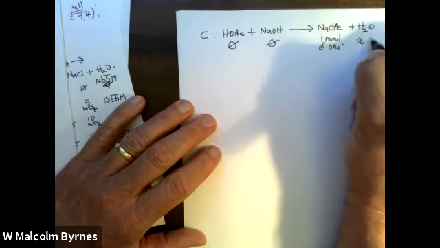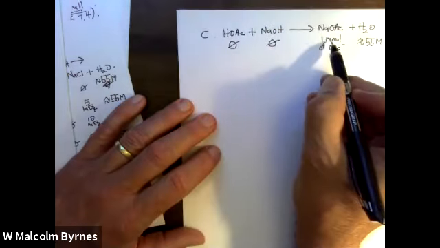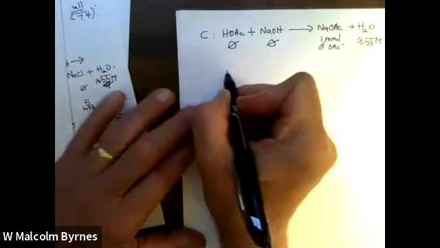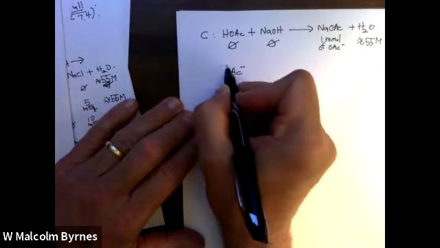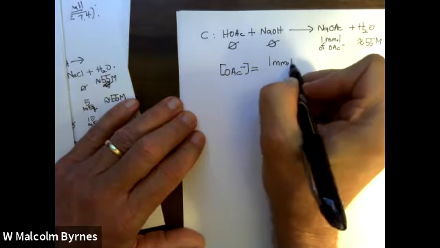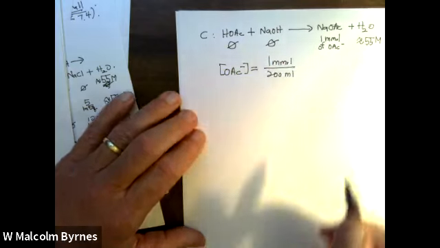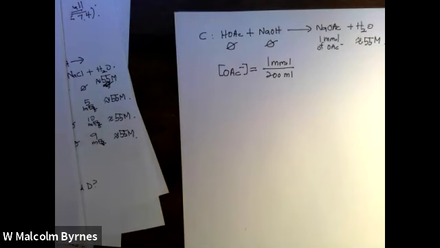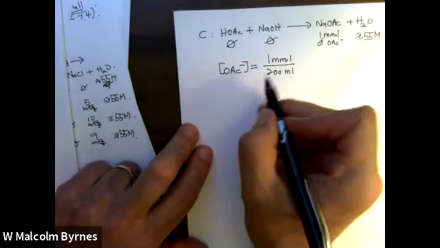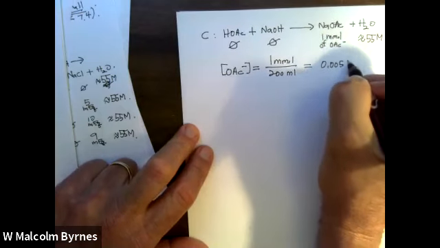So what is the acetate concentration? It's equal to that 1 millimole divided now by 200 milliliters, because we added 100 milliliters of the sodium hydroxide, which was of the same concentration as the acid, and it reacted. And so what is that? 0.005 molar.